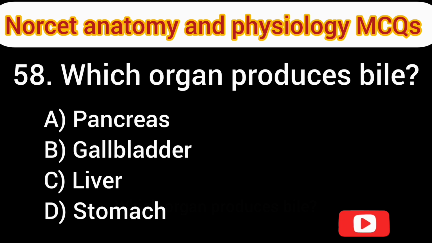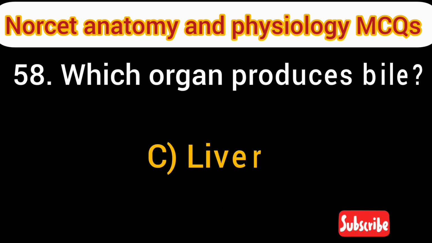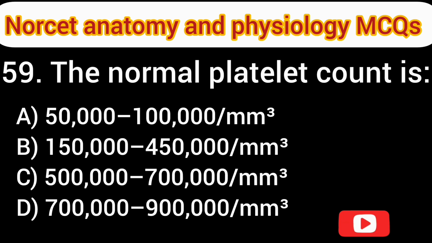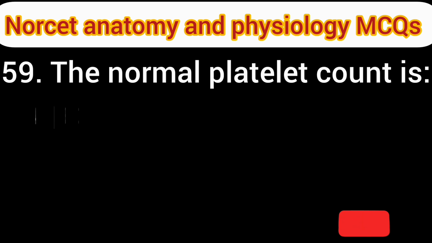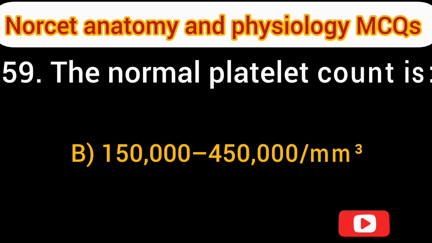Which organ produces bile? Liver. The normal platelet count is. 150,000 to 450,000 per cubic millimeter.